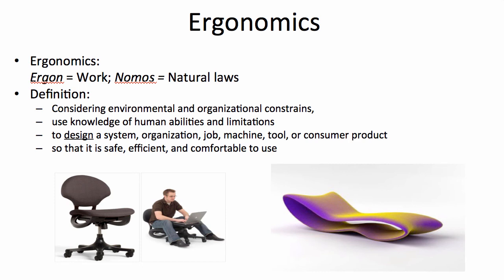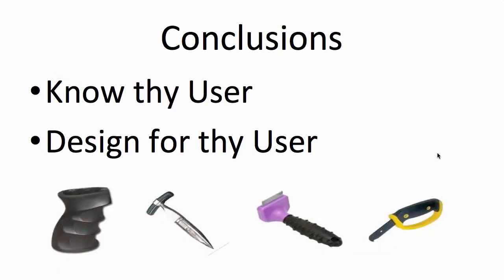So there's a possibility that in the design of your device, you may be targeting a particular user group, and you would need to specify that, and you may design a different interface for another consumer group or another user population.